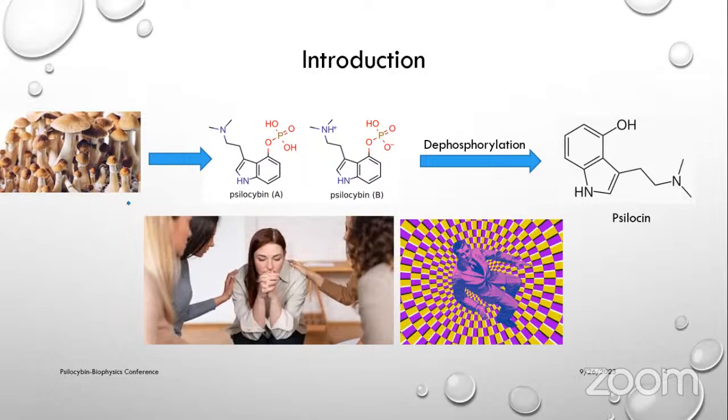When we investigate psilocybin, most of the literature expresses that it exists in two different forms. So these are the two forms of psilocybin I'm going to present: psilocybin A and psilocybin B. When it is consumed, psilocybin undergoes dephosphorylation and ends up as psilocin, which is the end product.